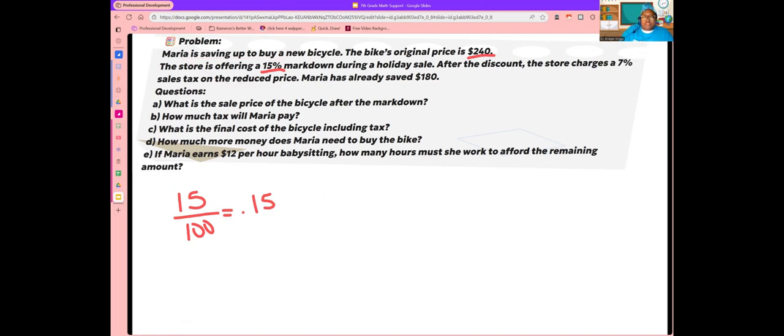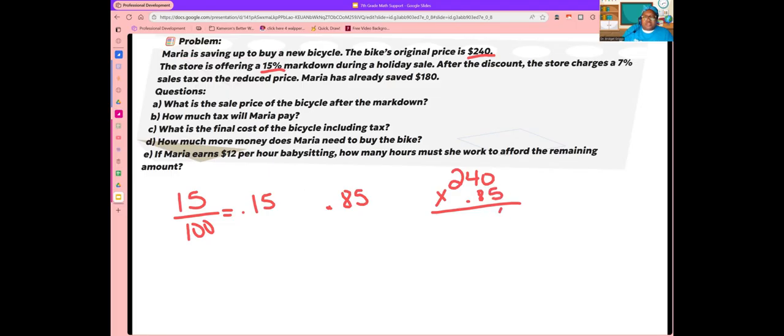We can multiply 240 times the 15% and then subtract that 15% from the 240, or we could multiply the 240 times the additional that would make up this entire percent, which would be 85 hundredths. And then that would get us directly to our markdown. So let's do that. So 240 times 85 hundredths.